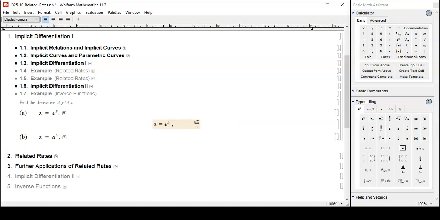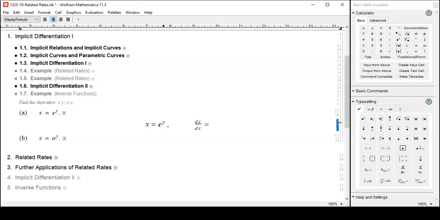So taking the derivative by x, we get dx dx, which is of course 1.